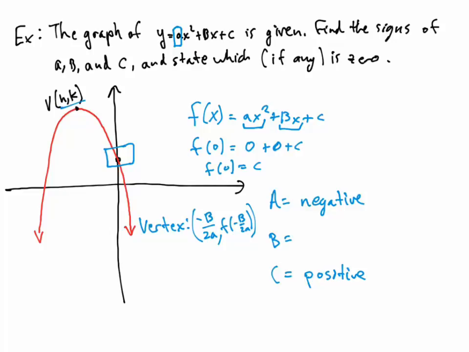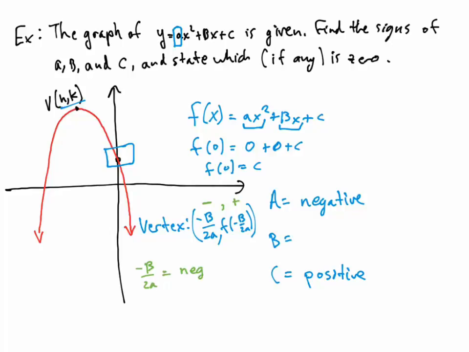What we know is that the h value is negative, because that's just the x-coordinate of the vertex, and since we're in the third quadrant, x is negative, and then k is positive. So what we know here is that this negative b over 2a must be negative, and then the y-coordinate must be positive.